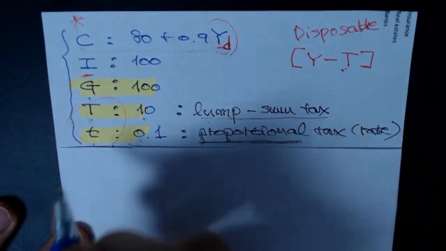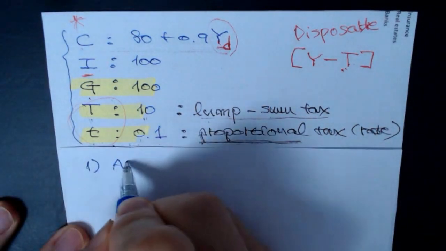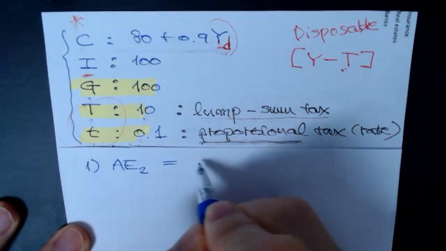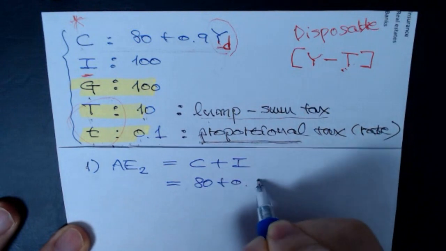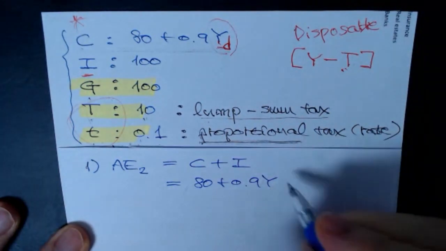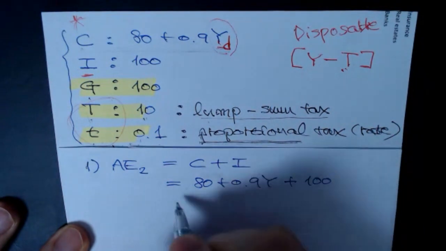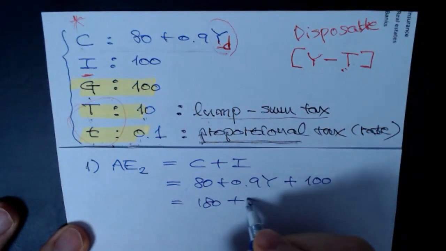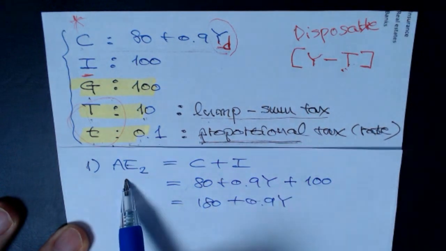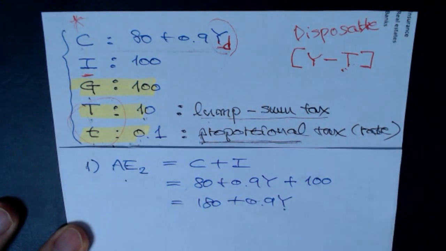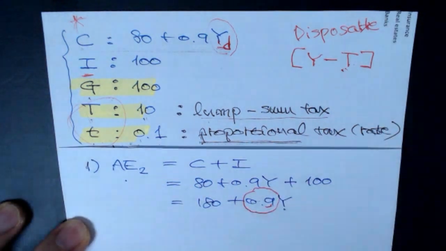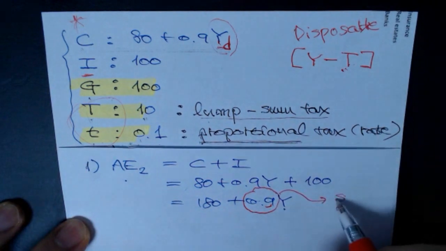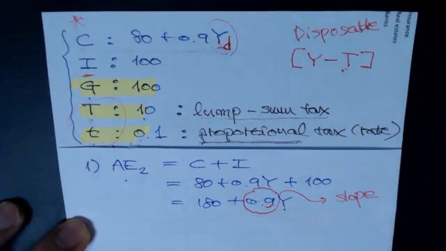First, equilibrium in the two sector: C plus I equals 80 plus 0.9Y, plus 100, which equals 180 plus 0.9Y. This is aggregate expenditure in the two-sector model. Pay attention here, because this is the slope, 0.9.